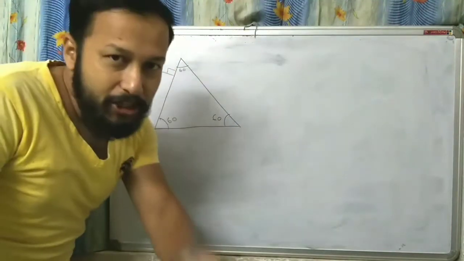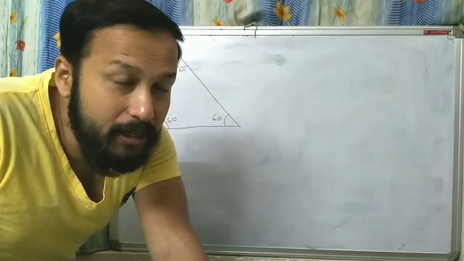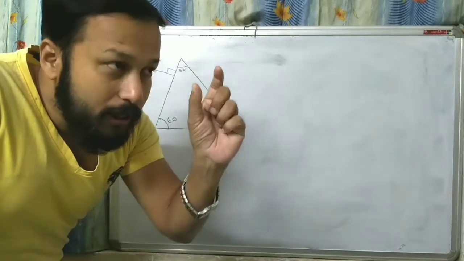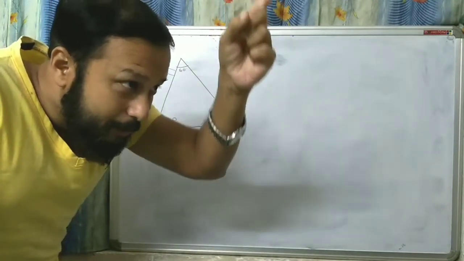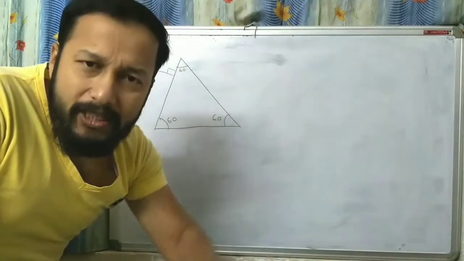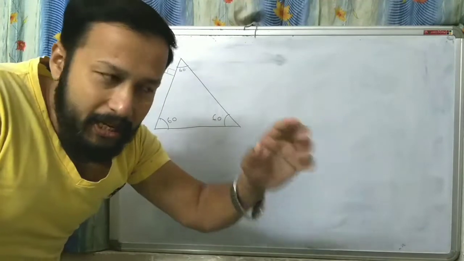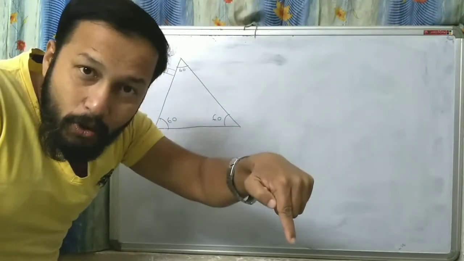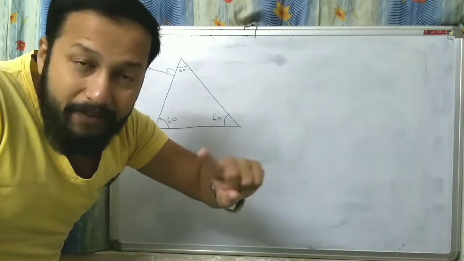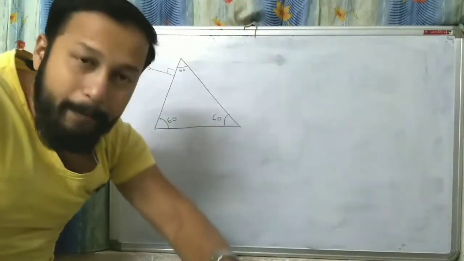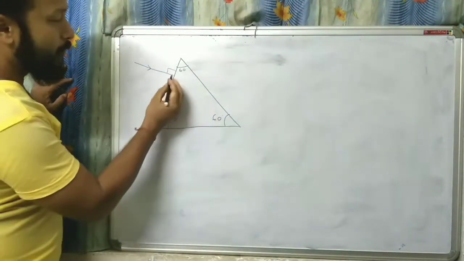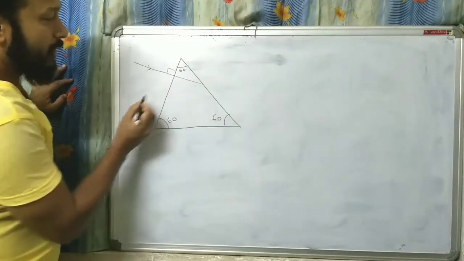I told you in the first part of the chapter refraction that when a ray of light is coming straight, it will go straight. Whichever medium it is, if the light is perpendicular to the surface, then it will go perpendicular only.